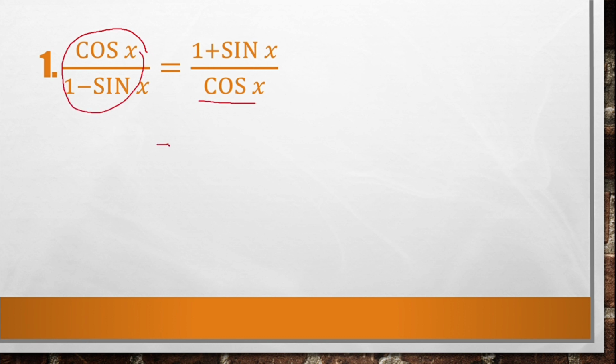So if we change this part, 1 plus sine x over cos x, we multiply it by 1 minus sine x over 1 minus sine x. That is hint number 6. So that is equal to, our goal is this part.